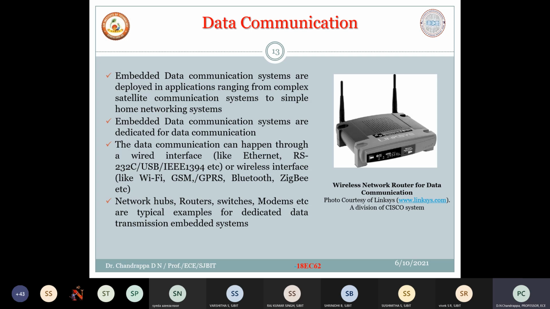Within that range, we are going to use all such kinds of embedded systems. That is wireless networking systems. It may be GPRS, Bluetooth, ZigBee, or a USB port, or in serial communication you can use RS-232, or in parallel communication IEEE. So many more concepts are available.